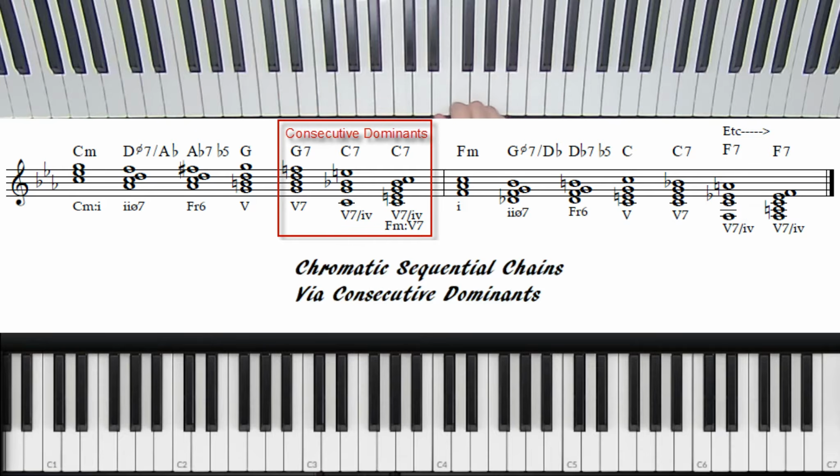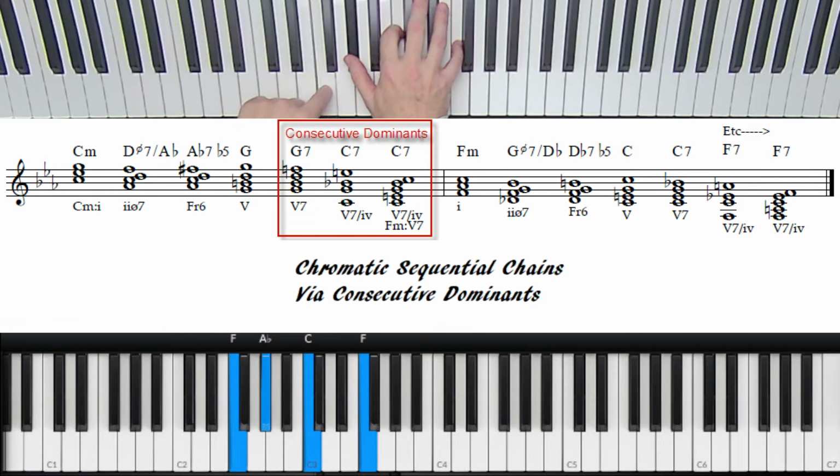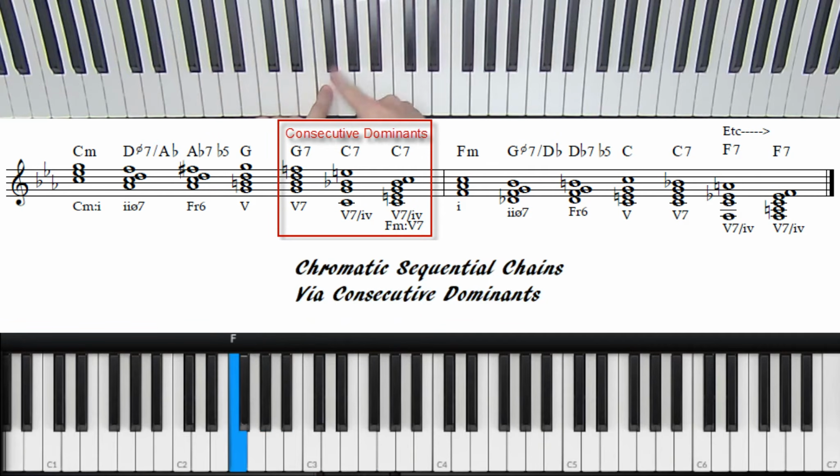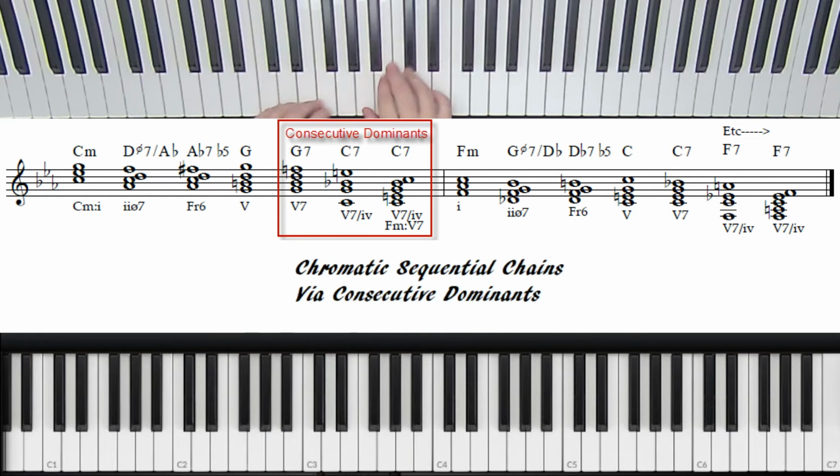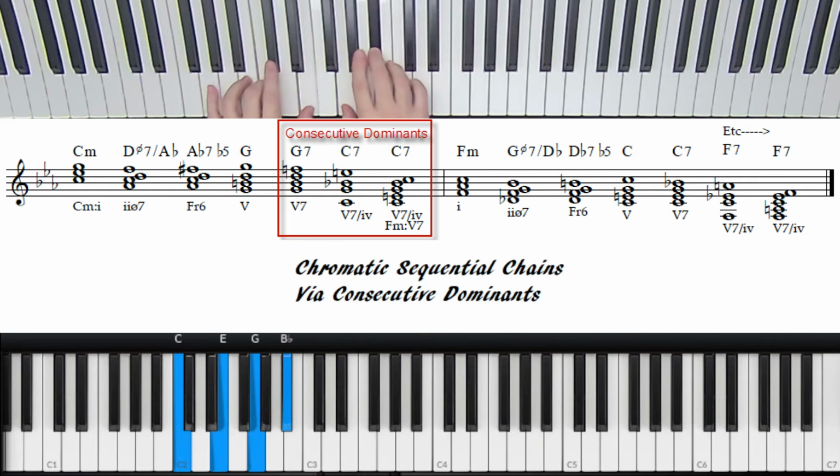Two consecutive dominants, the G7 and the C7, a little bit of a dominant chain, will take us to F minor. I already created a sequential pattern here that you could keep repeating through the circle of fifths. You could use the same exact move to escape F minor to B flat minor.